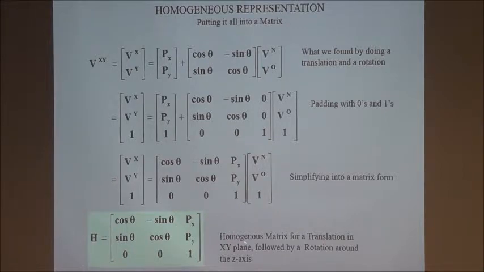So here is the simple homogeneous matrix for translation in the xy plane followed by rotation around the z-axis. This is a typical homogeneous transformation matrix for a quote-unquote planar robot which is working on only one plane.